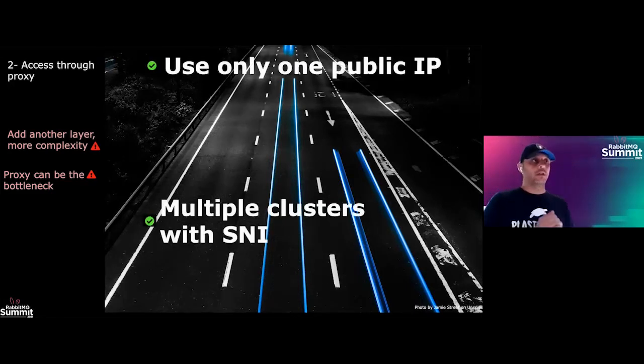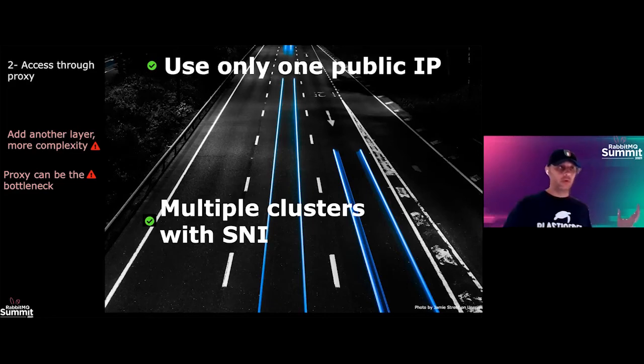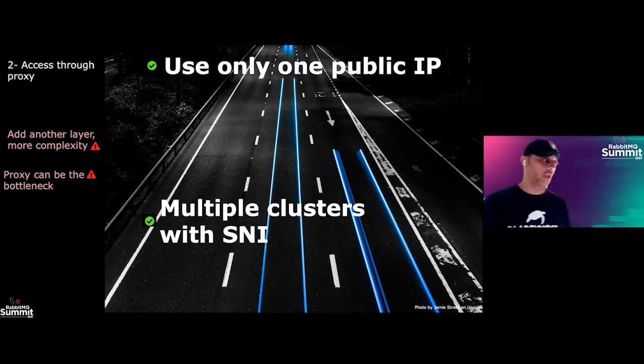The pros are that you can use just one public IP, and you can handle multiple clusters with SNI. In this example we have just 2 clusters, but imagine that you have more clusters that you want to handle. It's easy to create a relation between the public IP and the service that you want to route the traffic to.